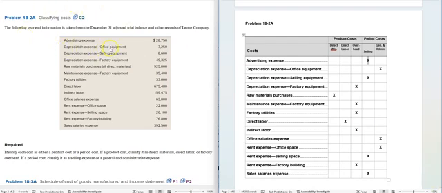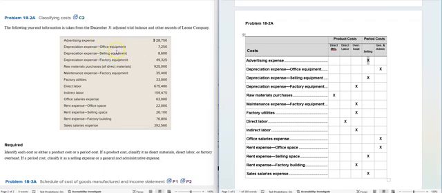Depreciation expense on the office equipment. Let's look at these three together because it will help us differentiate. They have depreciation expense on office equipment, selling equipment, and factory equipment. The two items on office and selling equipment, those are not a cost of making the product. Those are a cost of the general office and a cost of the selling department, their property, plant, and equipment.